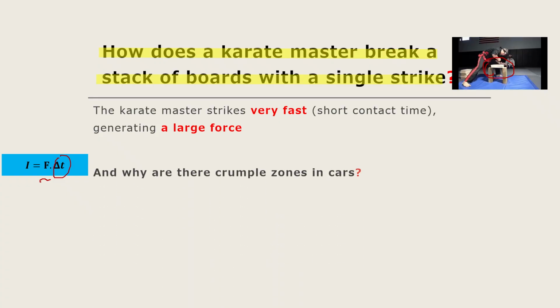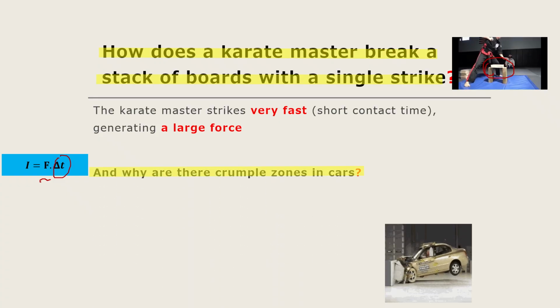And also in cars there are crumple zones, and I asked why cars are designed with these crumple zones. These crumple zones, when the cars collide during accidents, increase the time of collision.